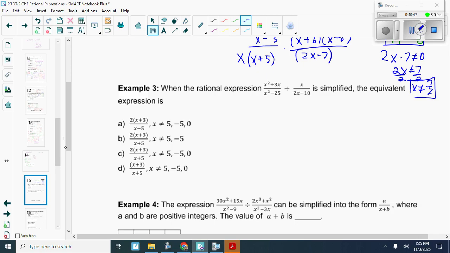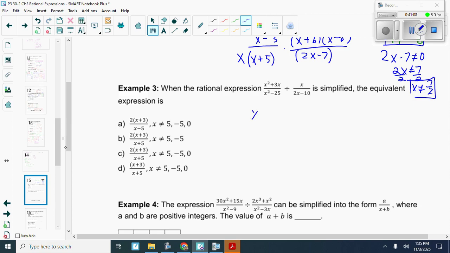If you find an equivalent one, don't just go to the first one you see, because it might be a distractor. Double check any NPVs. My suggestion is you work through the question first and then go to the answers to compare. For this one, I would factor first.